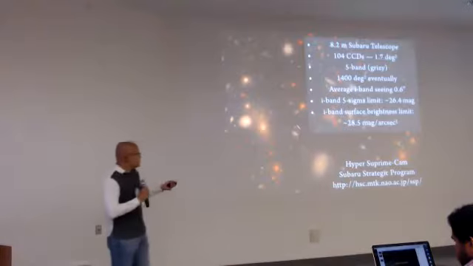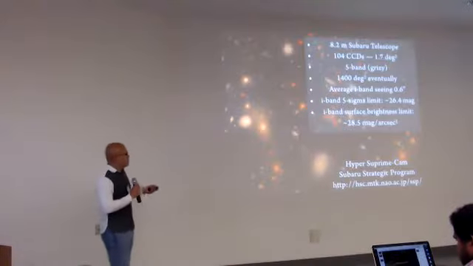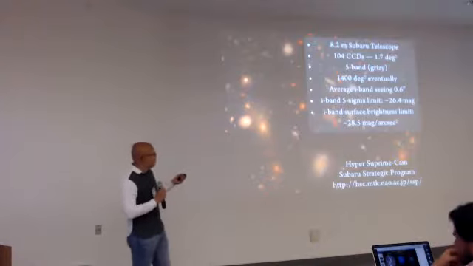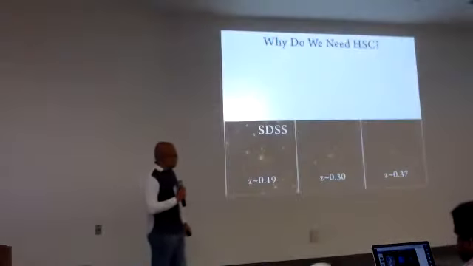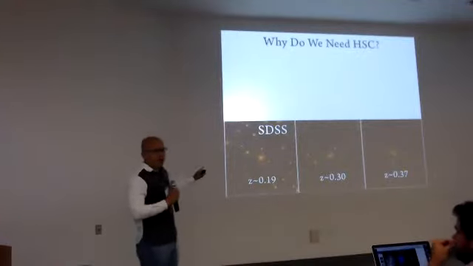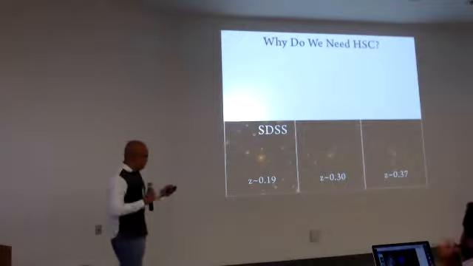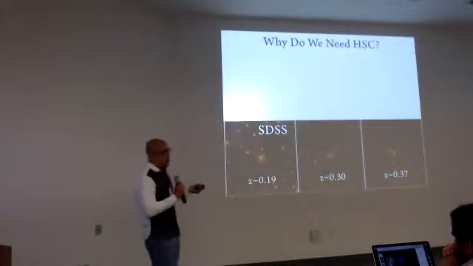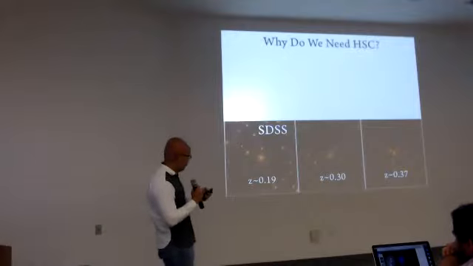The massive galaxy I'm talking about mostly looks like this. And I want to quickly show you why HSC is particularly useful for this type of galaxy. Let me first say this is a completely unfair comparison. These are three BCGs in the nearby massive clusters imaged by SDSS, a 2.5 meter telescope.